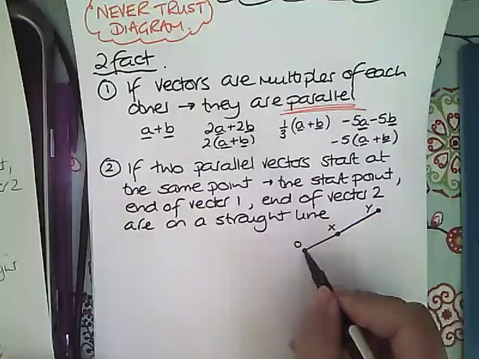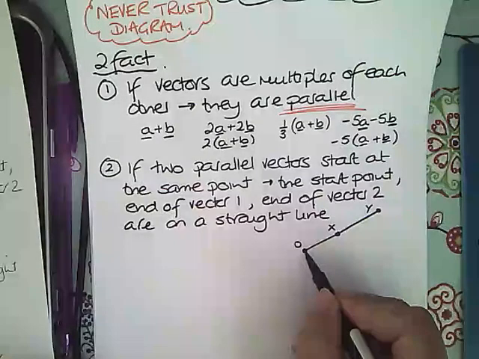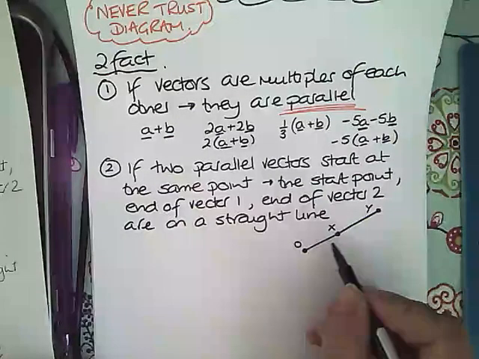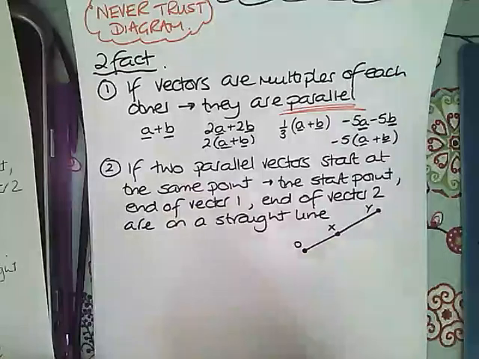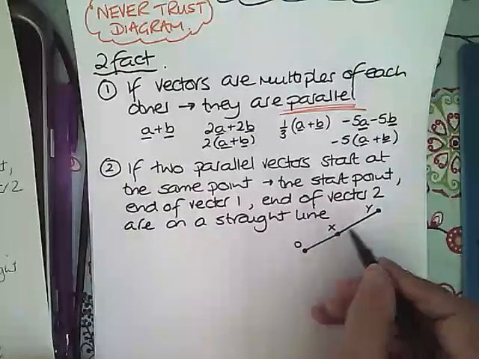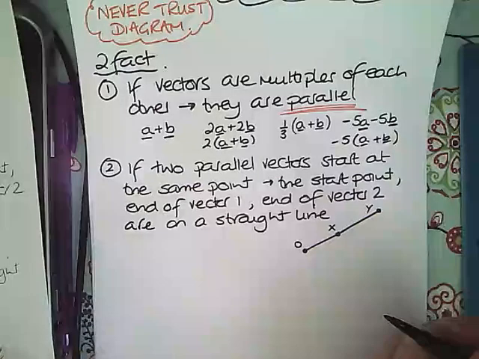If they are anchored at this point, at their start point, if they both share the same start point, then they must lie on top of each other. That's the only way they can remain parallel, and that means that these 3 points are in a straight line.